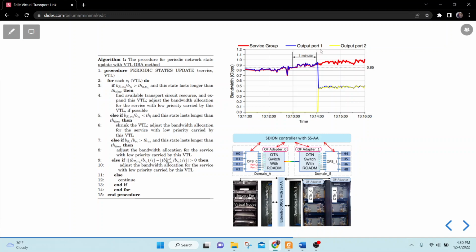After 1 minute, they use the VTL-DBA, so this algorithm will adjust the traffic between output port 1 and port 2. So you can see that now it adjusts the traffic, and they have the same amount of traffic flowing between them.